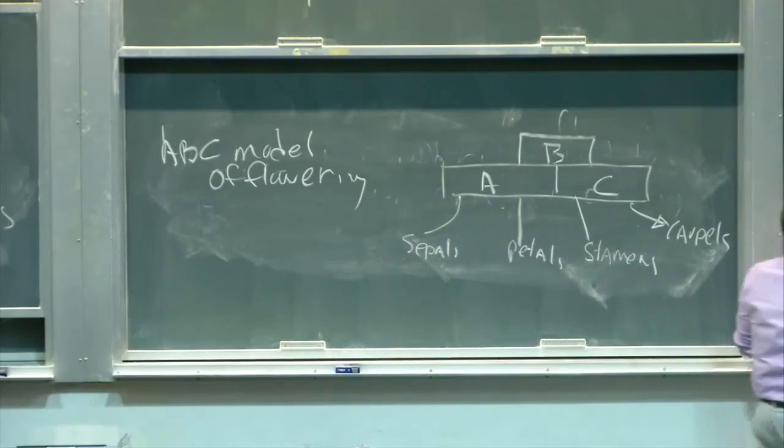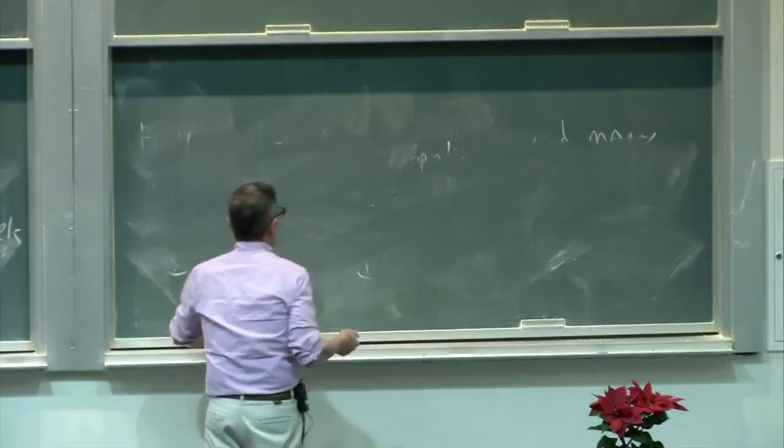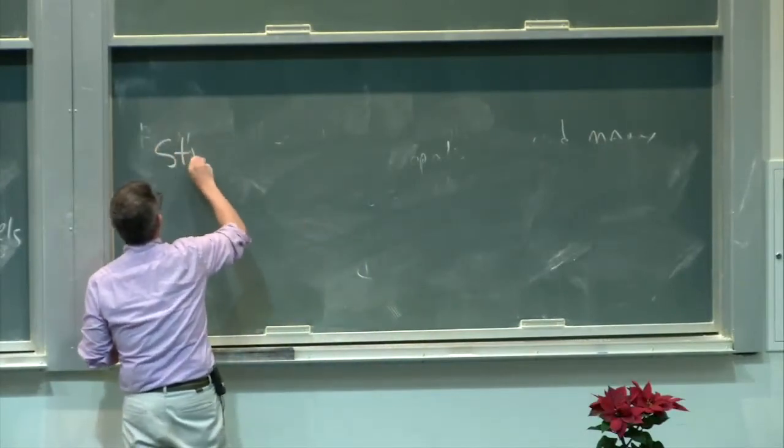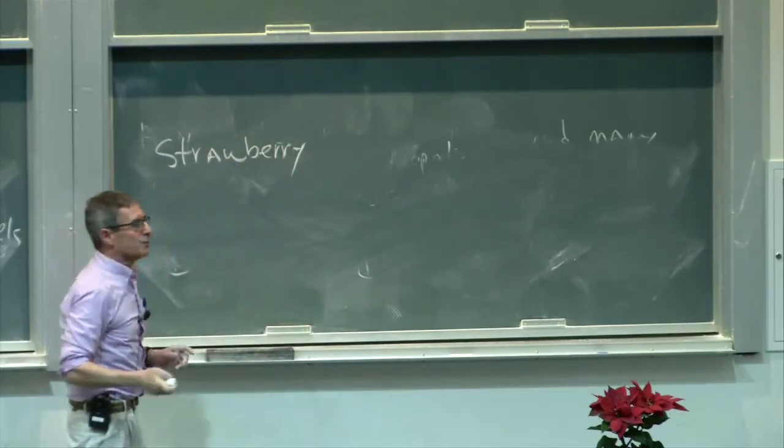And in order for us to appreciate what I want to discuss, I want to go back to a question that a number of you have raised at various times, either when I've been in the lab or in lecture. And I want to go back to the strawberry. We want to talk about fruit production.